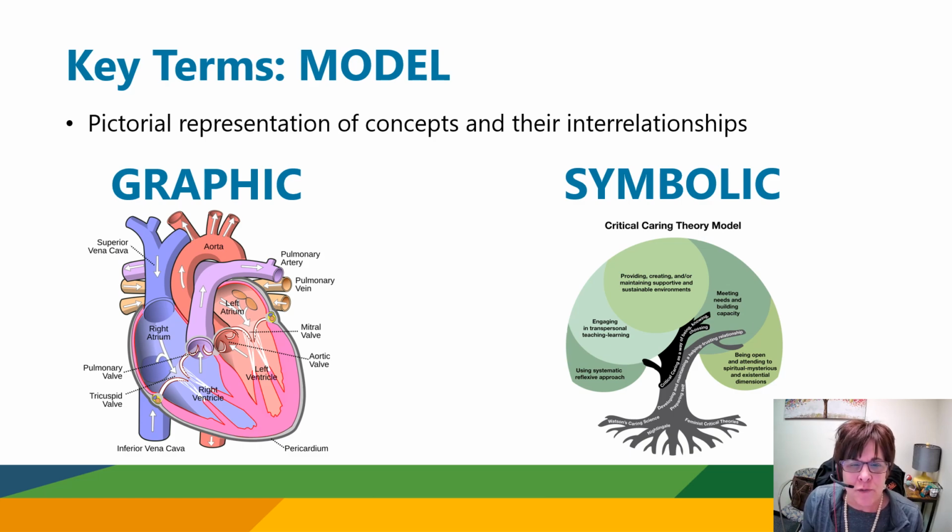Many theoretical frameworks are represented by a symbolic model. So you'll see them in articles, especially when you're looking very specifically at the theoretical frameworks, they are represented like this one, the critical caring theory model. Whereas if you're thinking about empirical models, it's generally displayed in some sort of graphic. It's very clear. It says this happens, the flow of the blood goes in this way.